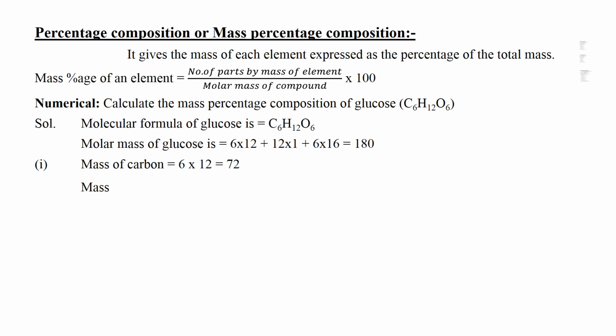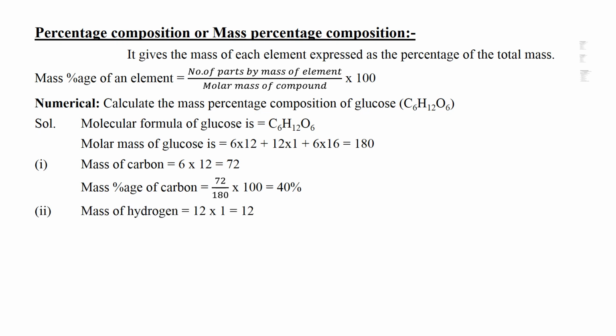The mass percentage of carbon is 72 divided by the total mass of the glucose molecule, 180, into 100, which is equal to 40%. Similarly, the mass of hydrogen in a glucose molecule is 12 into 1, that is equal to 12 gram. So the mass percentage of hydrogen becomes 12 divided by 180 into 100, which comes out to be 6.67%.